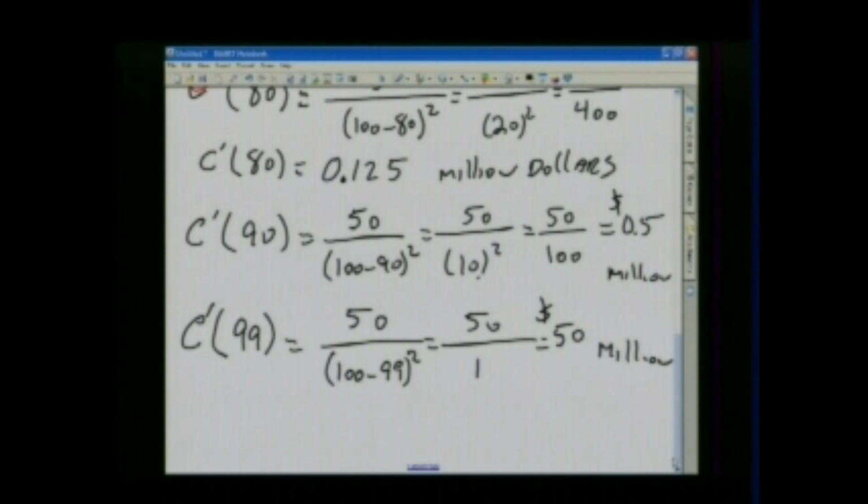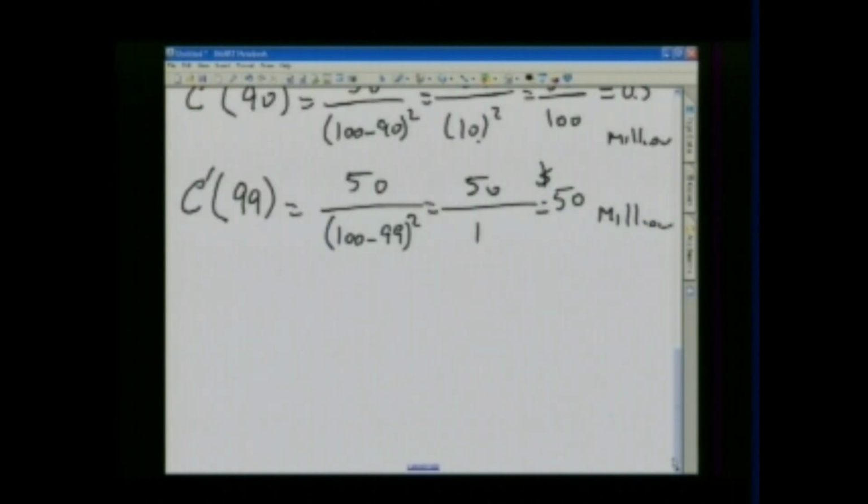Okay? That's the rate of change in the cost if you want to remove 99% of the toxic waste. What happened? You can see as X is increasing, this dollar amount is going up exponentially, basically.